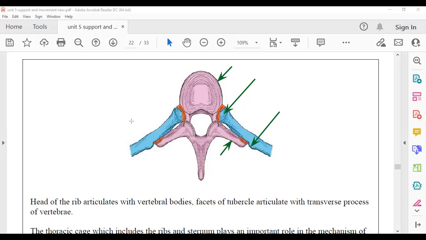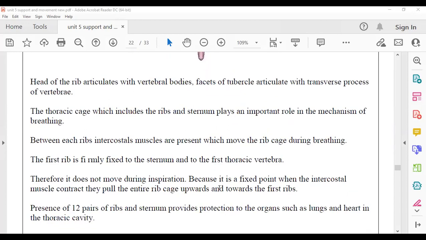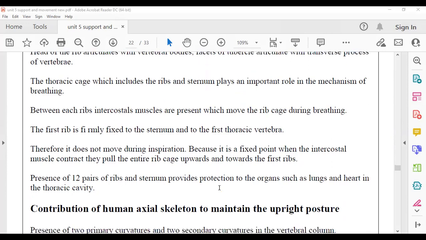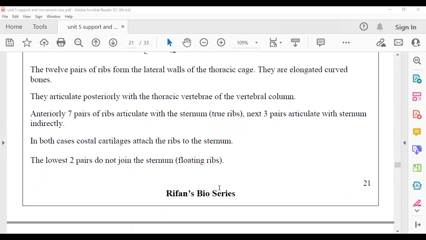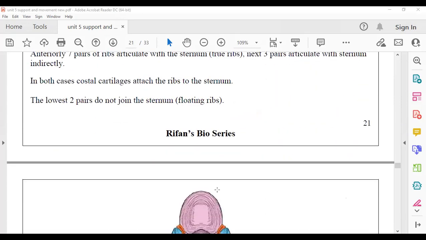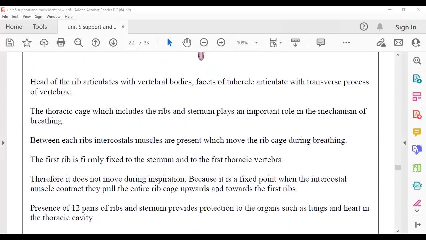Done, sir. Okay. Right, so you can go through the notes of the ribs and tell me whether you want any clarification.